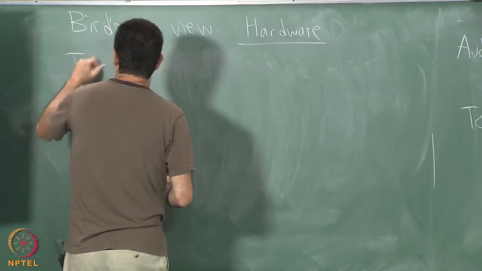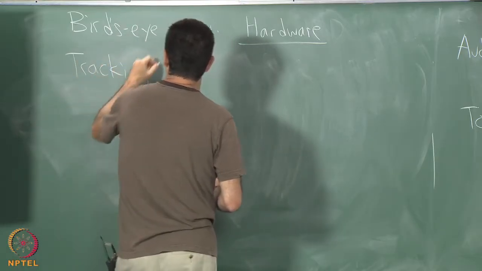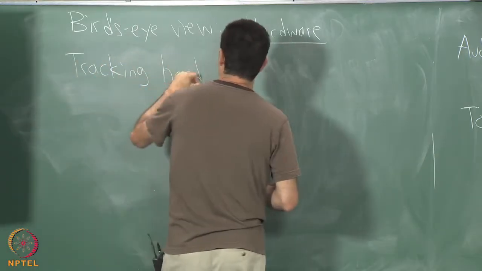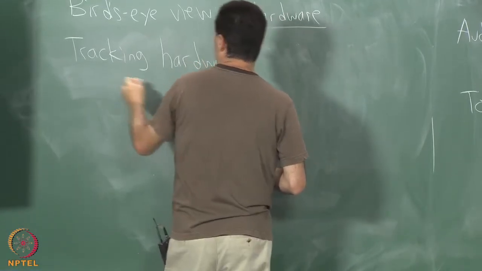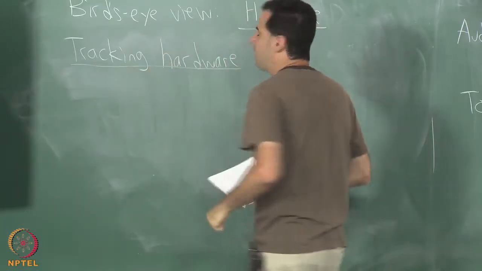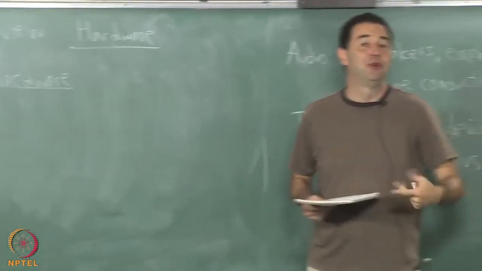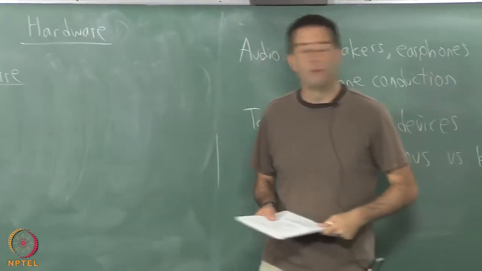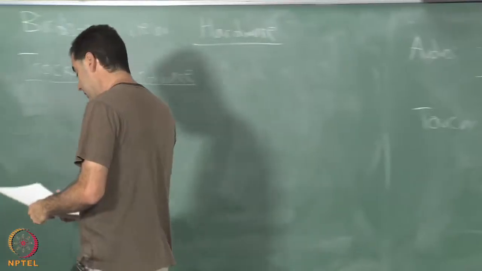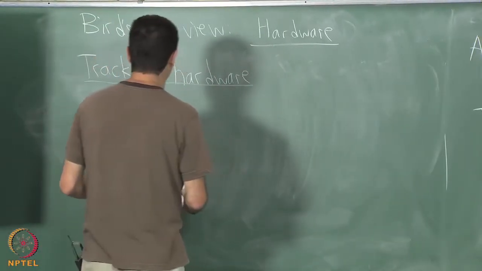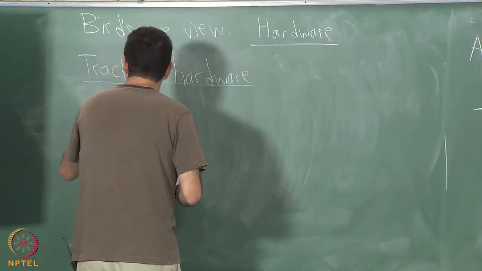Tracking. You call this tracking, or estimation, or filtering. People in electrical engineering will tend to use words more like that. One of the most useful components is the inertial measurement unit.